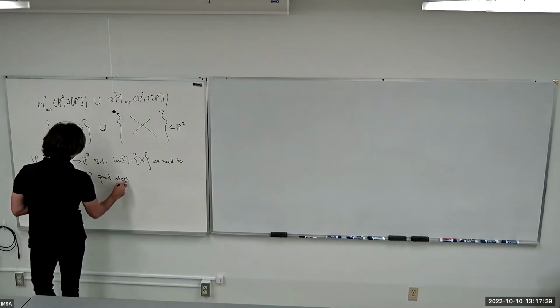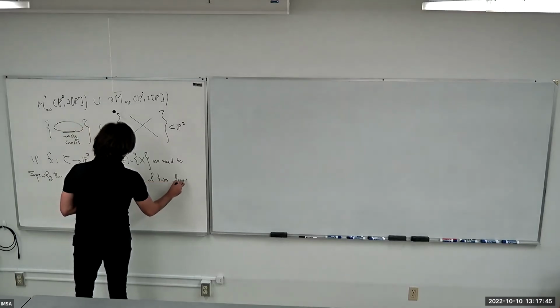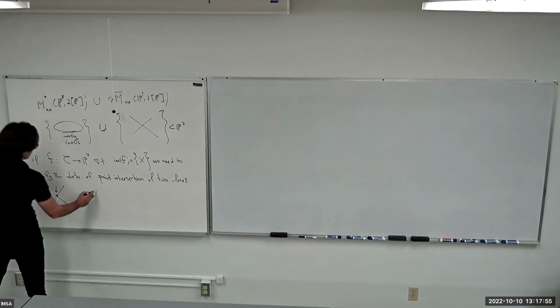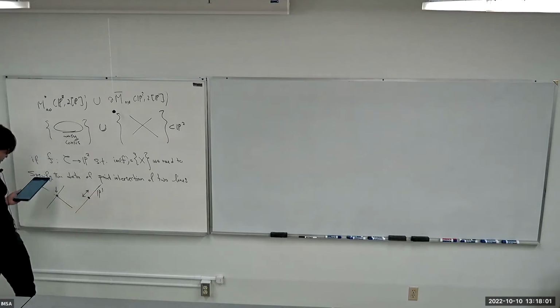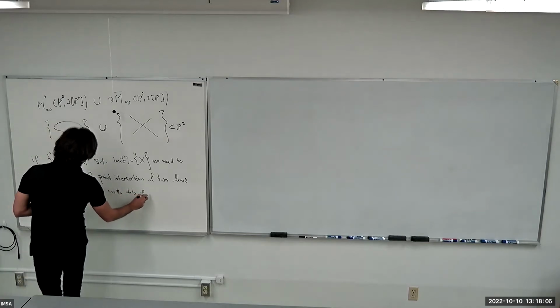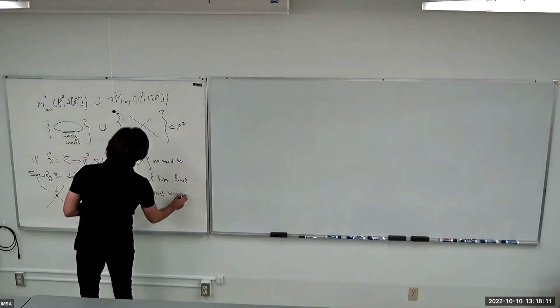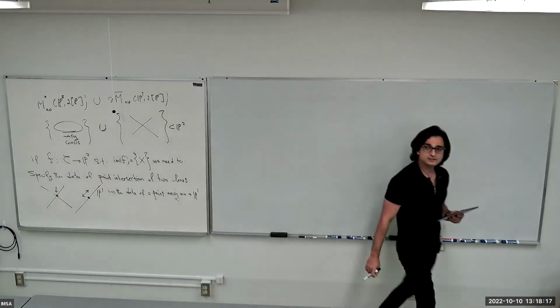As you can see, this point of intersection moves on a P1. So really it's a point moving on a P1. Okay, so those are those maps.